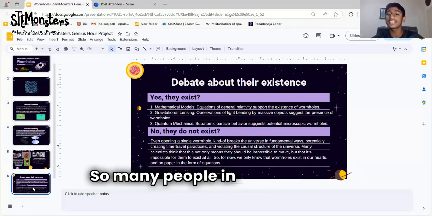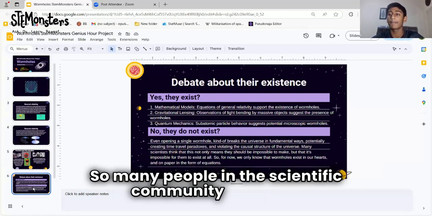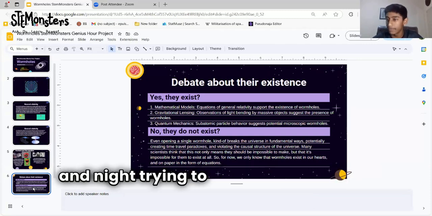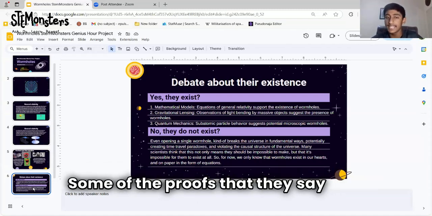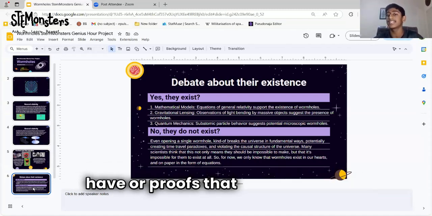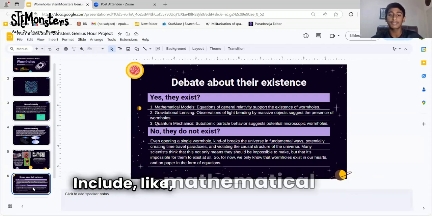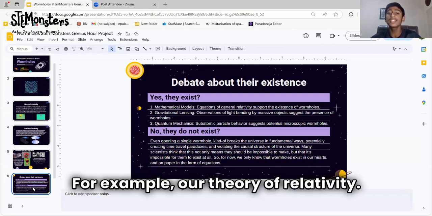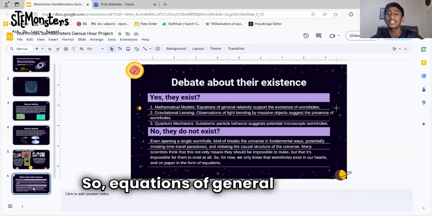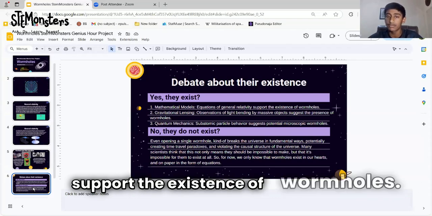Many people in the scientific community work day and night trying to prove that yes, they exist. Some of the proofs that they say they have include mathematical models, for example, our theory of relativity. The equations of general relativity support the existence of wormholes.